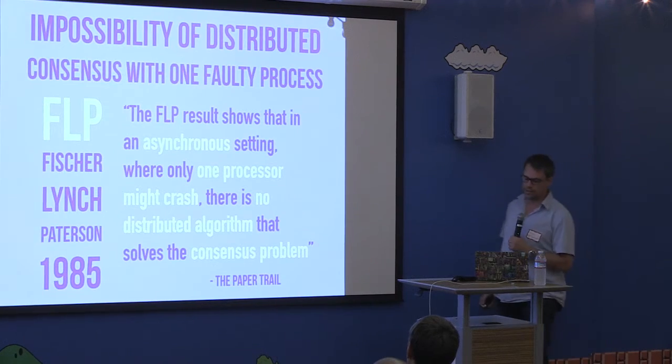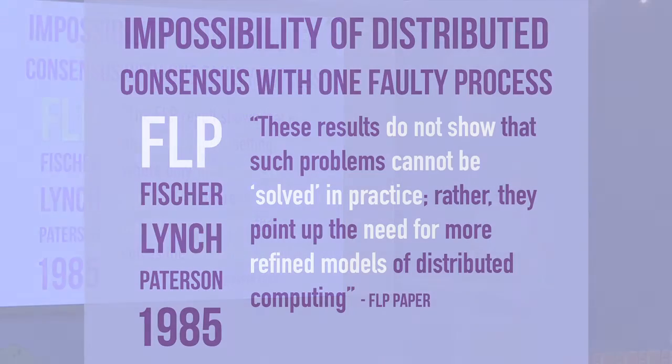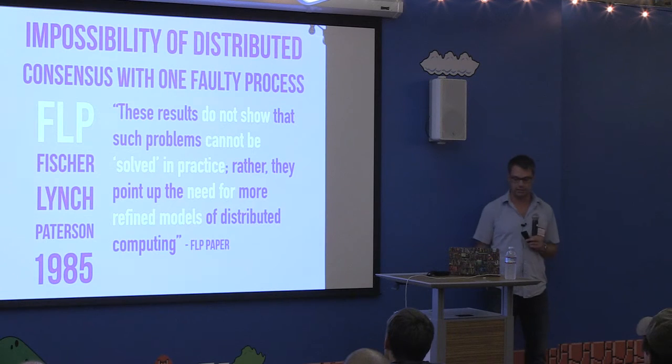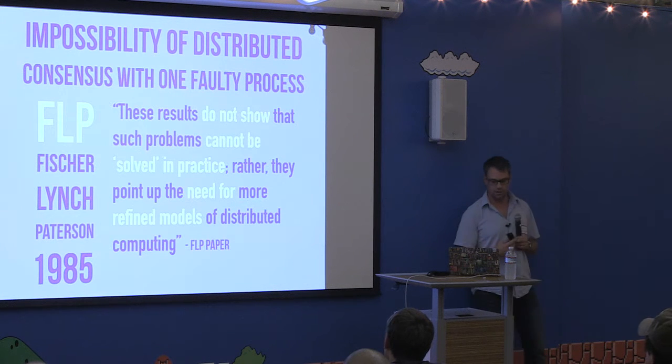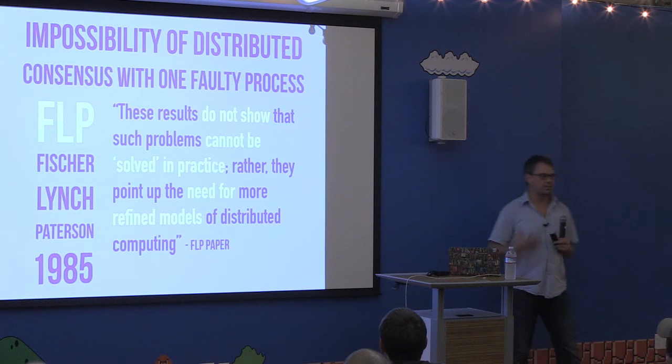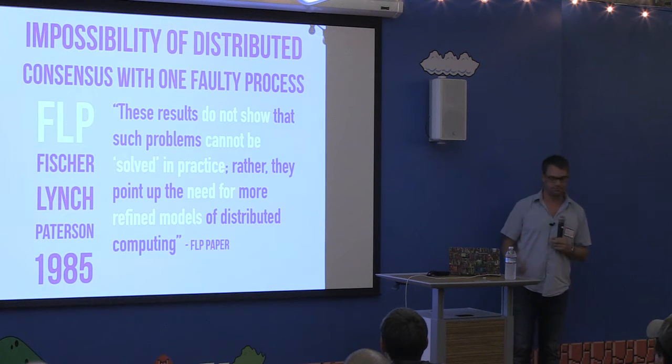This might seem pretty harsh, but in the FLP paper they end by saying that these results do not show that such problems, meaning consensus, cannot be solved in practice, but that they point to the need for more refined models of distributed computing, and a lot of these models have evolved ever since.